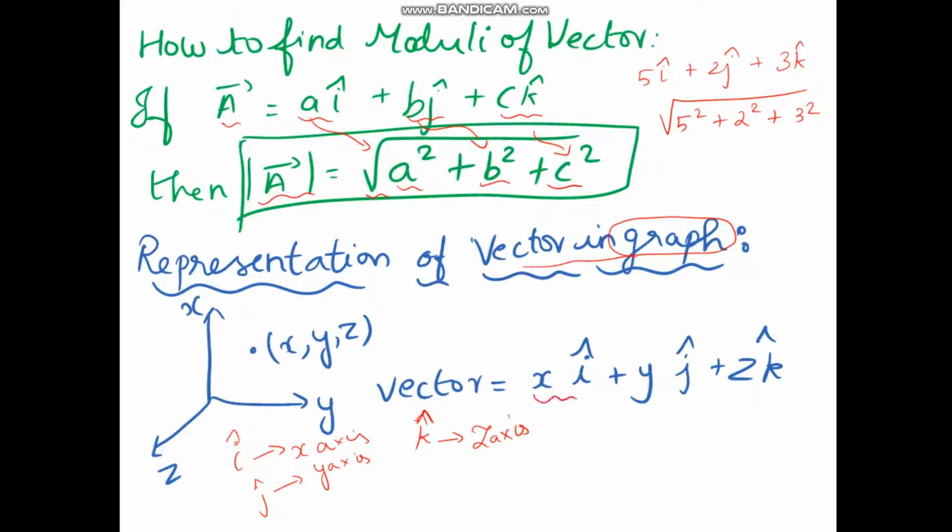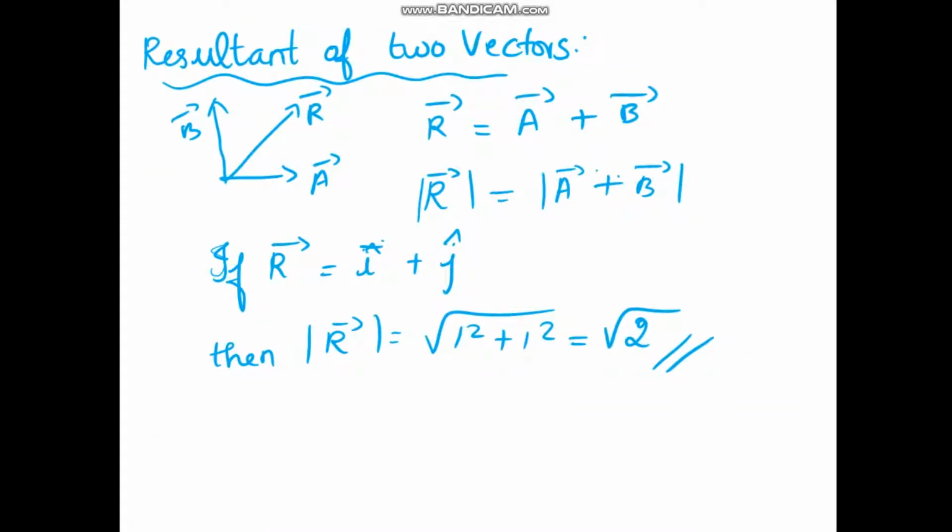This we represent like this: xi cap plus yj cap plus zk cap. Suppose you are given a point 5, 8, 9, how will you represent it in the vector form? 5i cap plus 8j cap plus 9k cap. In this way you represent it. In your 11th and 12th standard, you will have more things about vectors in your mathematics chapter. If you read that chapter, these things will become very easy.